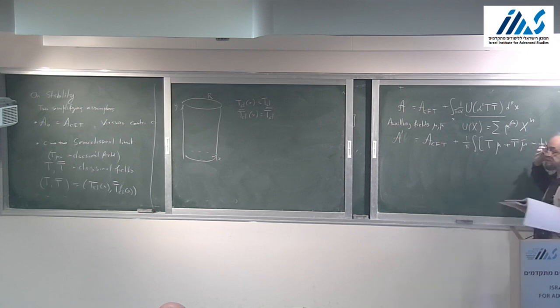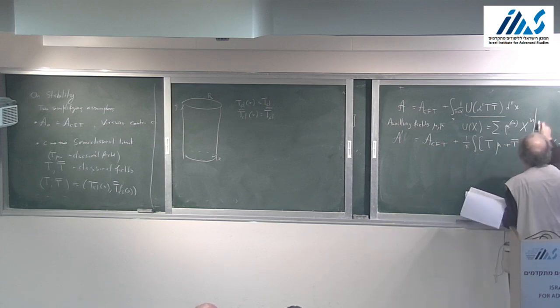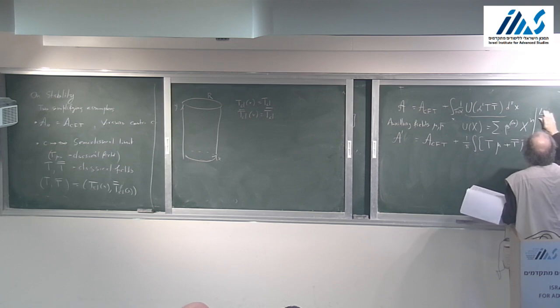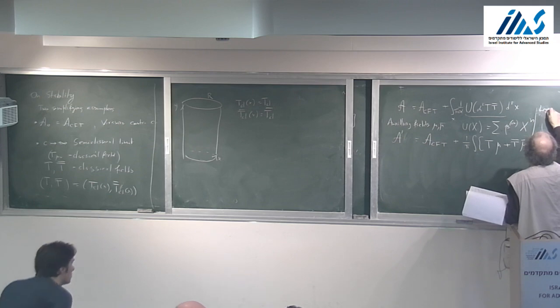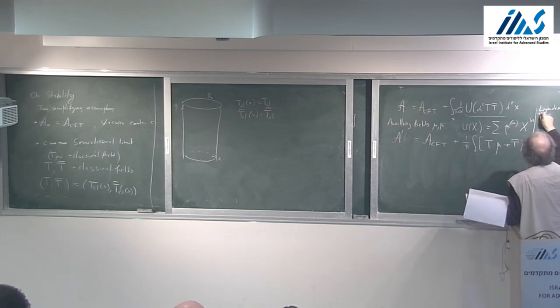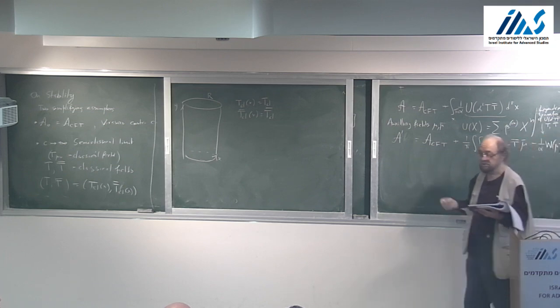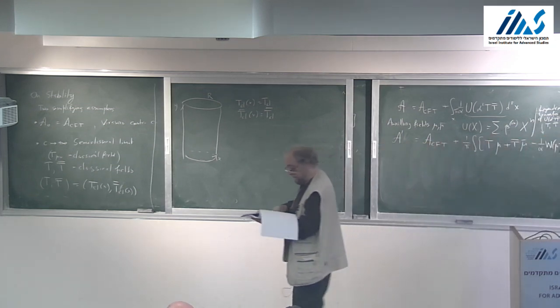So this W is another function of its arguments, and it is just the double Legendre transform of U of alpha squared T T-bar in both T and T-bar. So in two variables, right? Not in the argument, but in both variables.